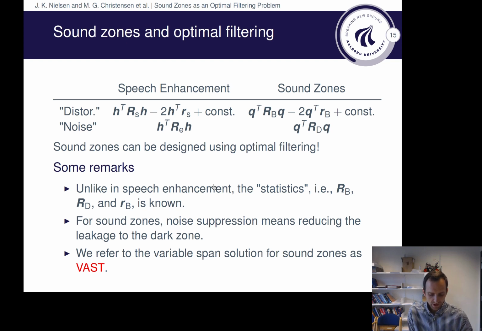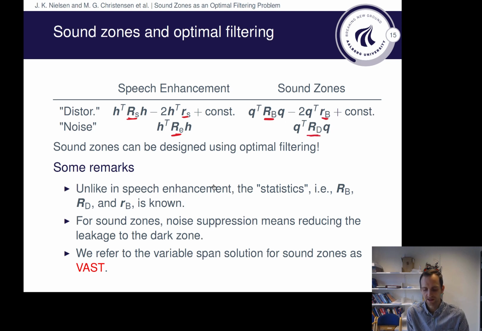One big problem in speech enhancement is that these statistics are unknown, and they're quite difficult to estimate because we don't have access to the signals we're trying to estimate. If we had access to them, there was no reason to start estimating them, right? But for sound zones, we know these.